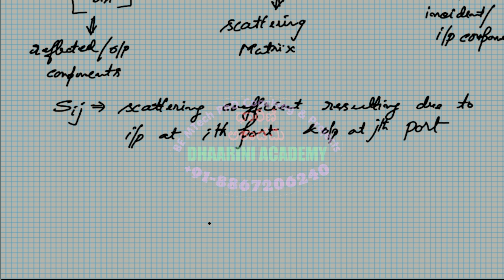So I give input at this port, I take output at this port. That is what that relationship Sij is. So this is ith input, jth output.